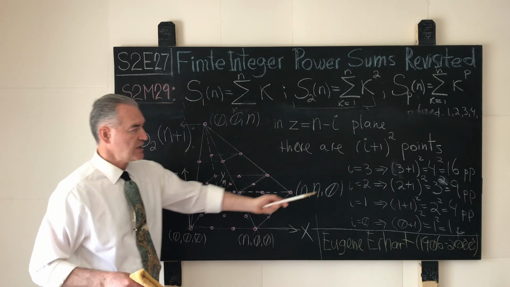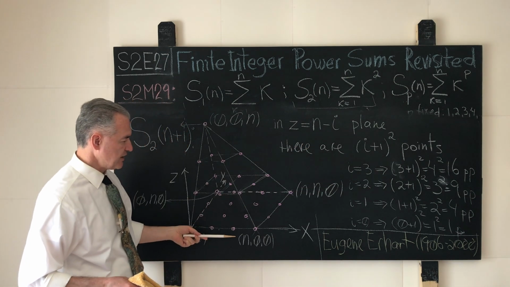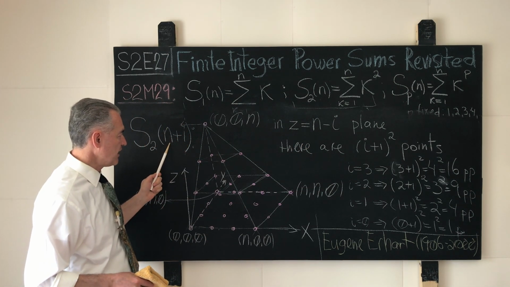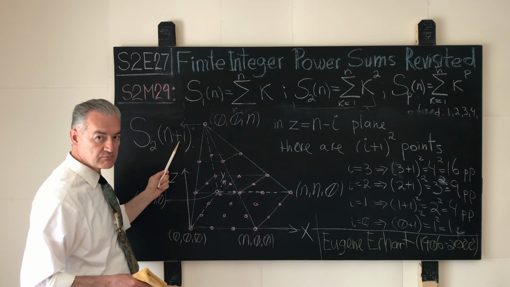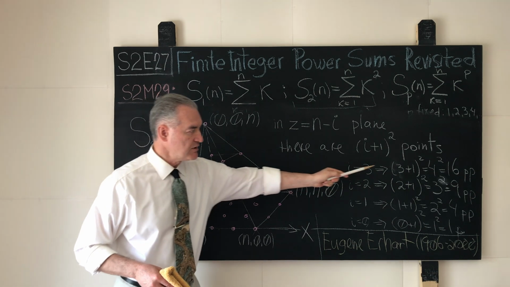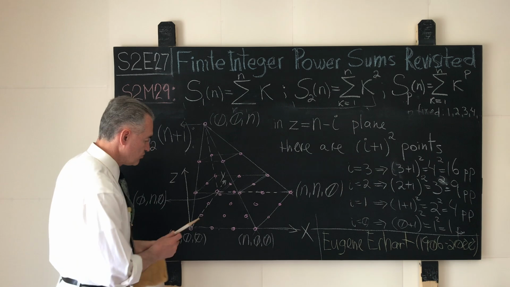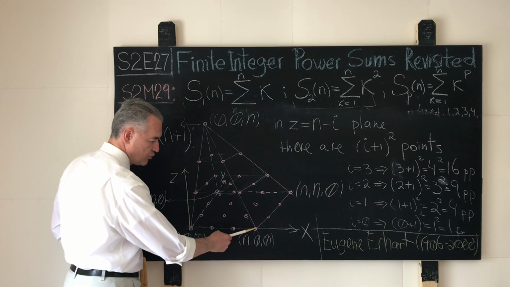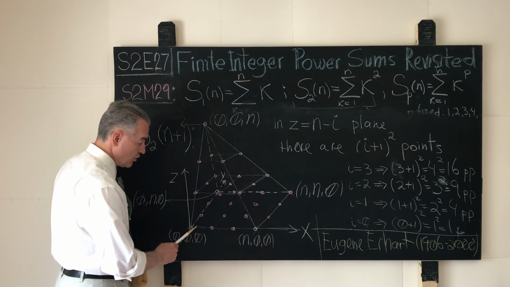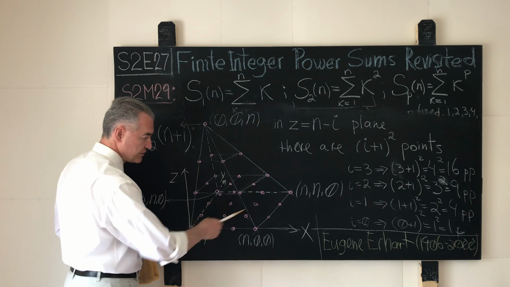For example, when i is equal to 3, which is n, for example, here the case that represents the sum S2, 3 plus 1, then the number of points in that plane over here will be 3 plus 1 squared, 4 squared, or 16. And this is exactly what we see. 1, 2, 3, 4 points along the x-axis, 1, 2, 3, 4 points along the y-axis. 4 times 4 is 16.